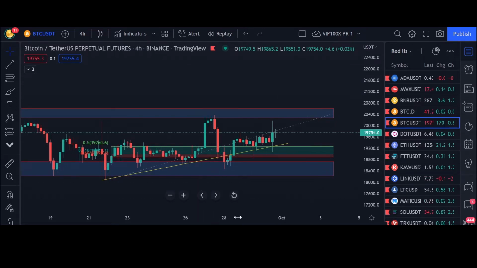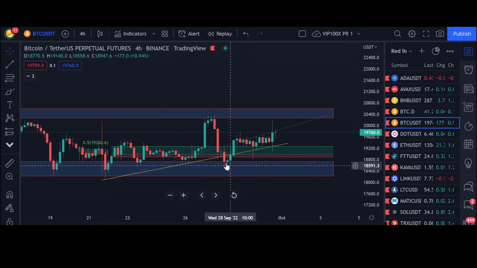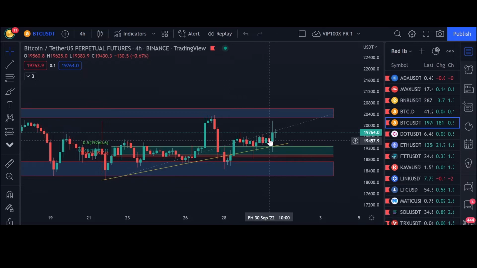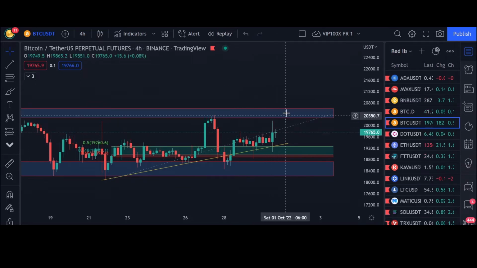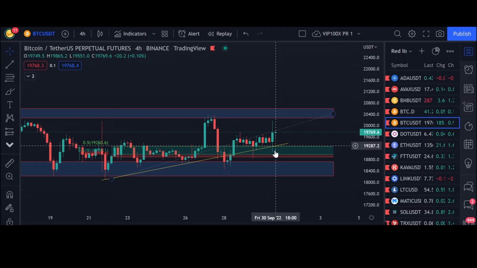Right now, we've seen that Bitcoin has moved up a little bit after being rejected from the support zone, and it seems like it wants the liquidity of the resistance zone. We can see that here there has been a manipulative movement in which the liquidity of the downside was taken and also the liquidity of the upside was taken.